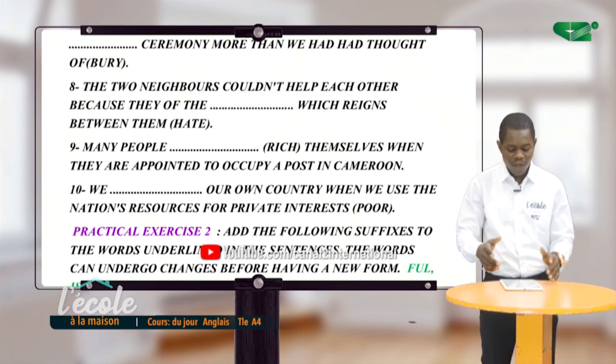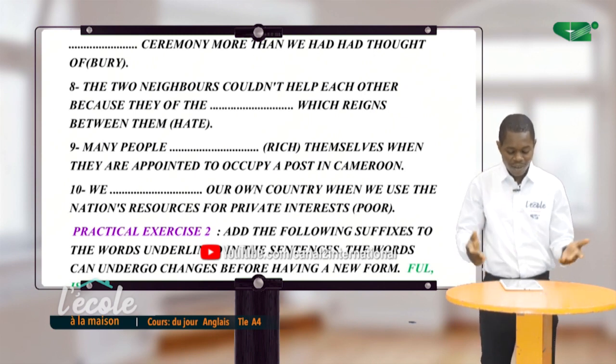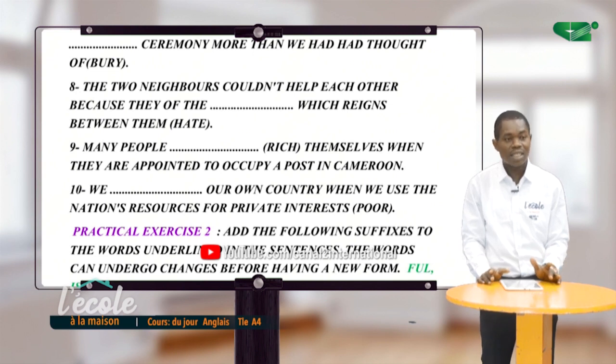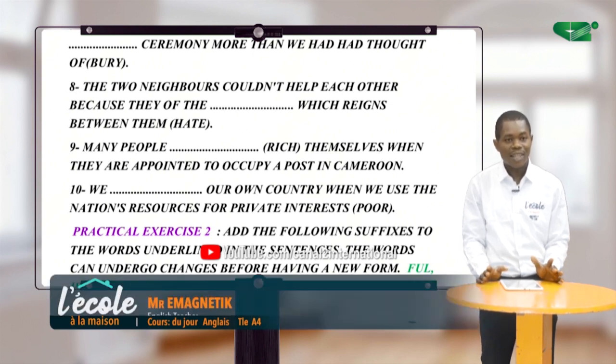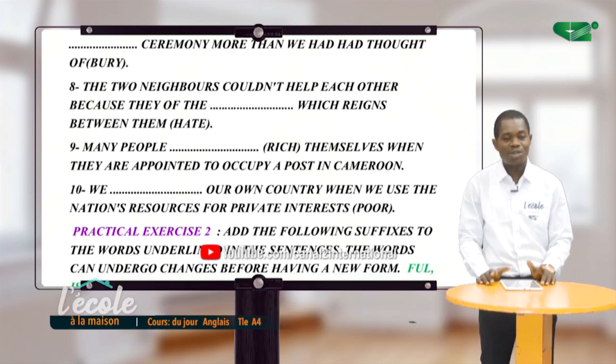What do people do when they are appointed at a certain position in the society? What is commonly known? 10. We (poor) our own country when we use the nation's resources for private interest. That is, you are appointed somewhere, but you use the state funds for your own interests. What are you doing to the country? That is the 10th question.